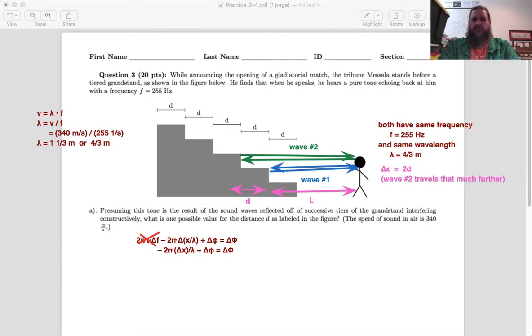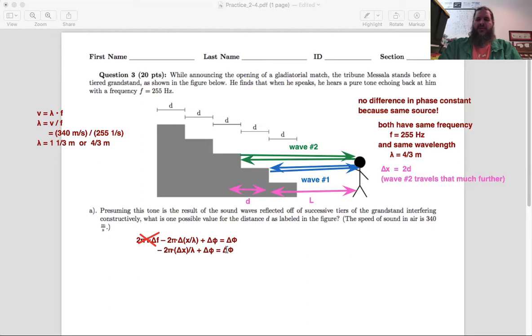Just for a clarifying point, can we assume that if it's constructive or destructive, the phase shift will be equal to 0 because they're coming from the same point? Not necessarily, because whether you get constructive or destructive interference is not about the phase shift, it's about the total phase.